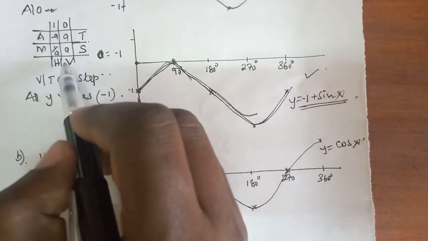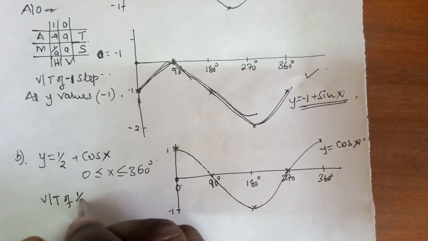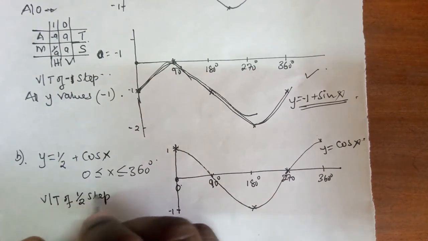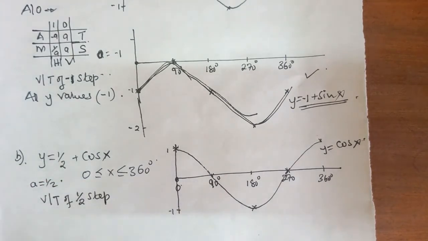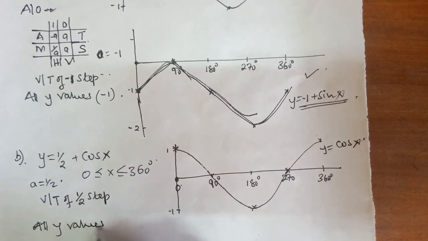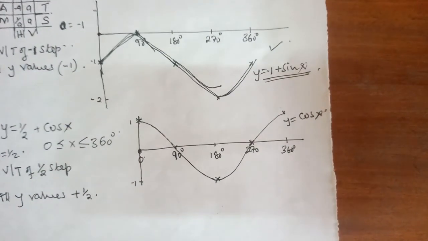Addition outside talks about vertical translation of a half step, because our a is a half. What does this mean? All y values plus a half.